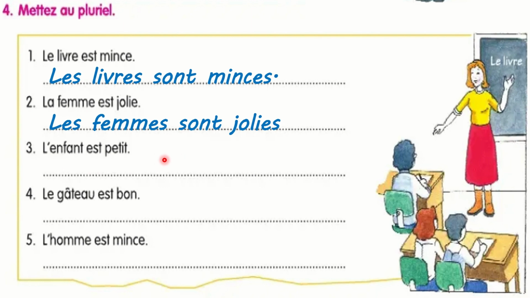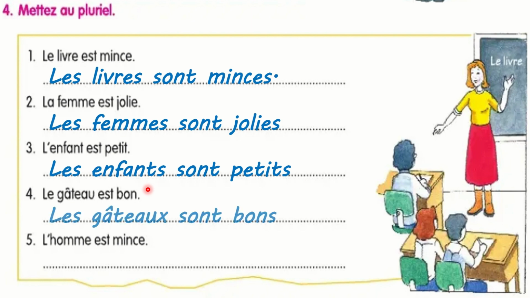L'enfant est petit, that means the child is small. The answer is les enfants sont petits, the children are small. Le gâteau est bon, that means the cake is good. Les gâteaux sont bons, the cakes are good. L'homme est mince, that means the man is thin. The answer is les hommes sont minces, the men are thin.